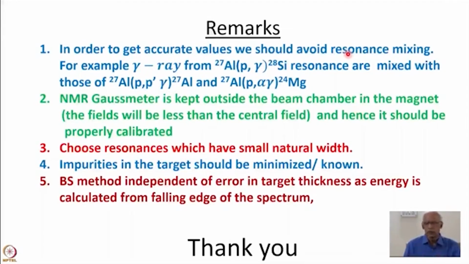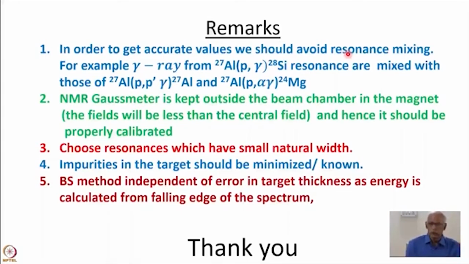So the field will be less than the central trajectory field, because of the fringing field. That central field is required for the calculation, and hence we should properly calibrate the magnetic field outside to the central one, because ultimately it is the central magnetic field corresponding to the central trajectory that we have to use. So there should be a very nice calibration done.